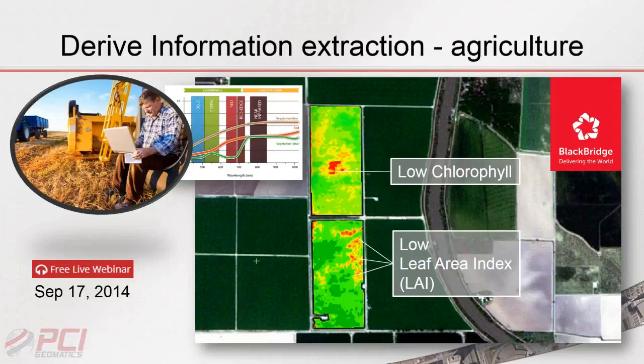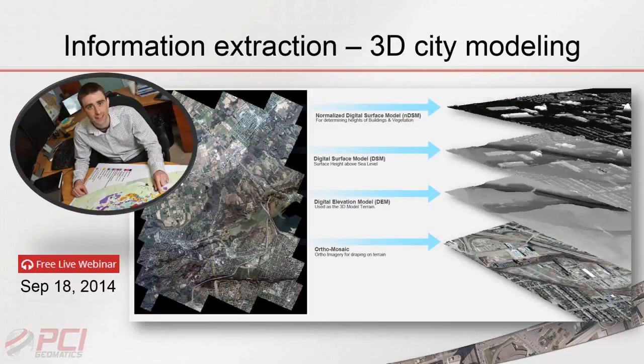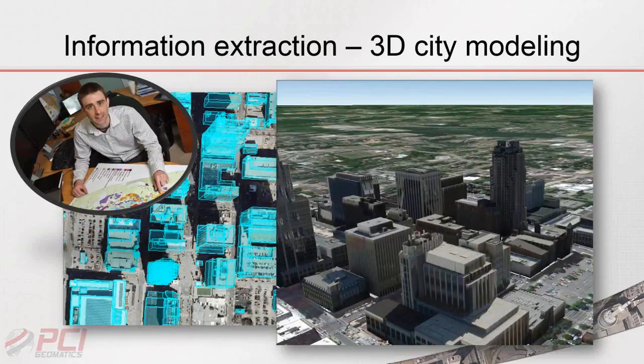We have another webinar this week, actually tomorrow, planned for 3D city modeling. We're going to be presenting this in conjunction with Jeff Taylor, who works for the CityEngine team down in the U.S. for Esri, and we'll be talking about automated methods for deriving elevation information, and also some more powerful tools for detailing specific iconic buildings.